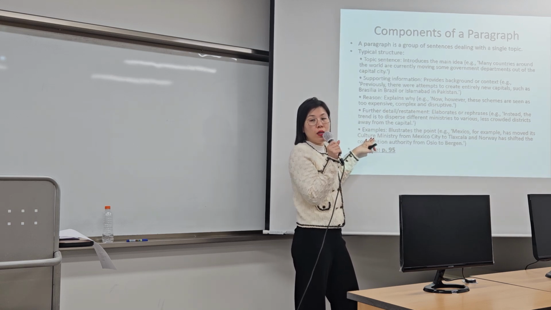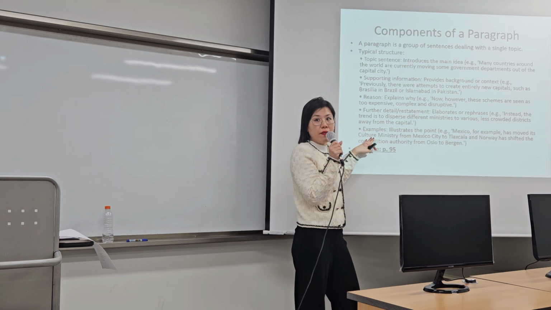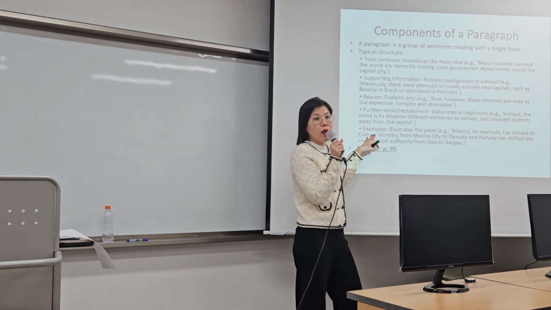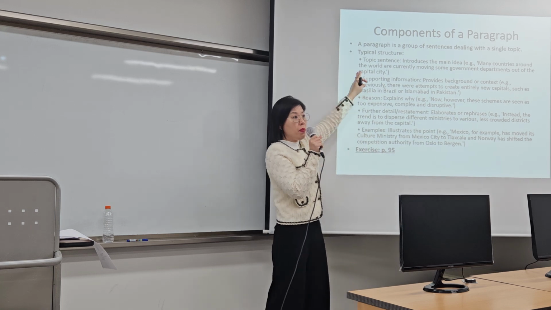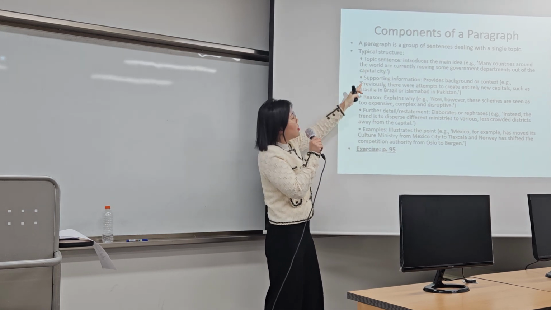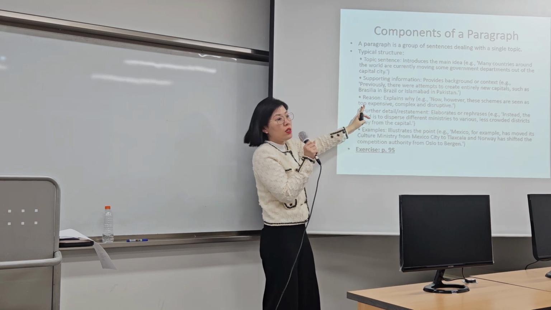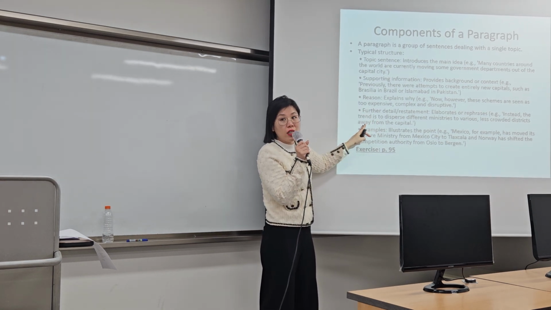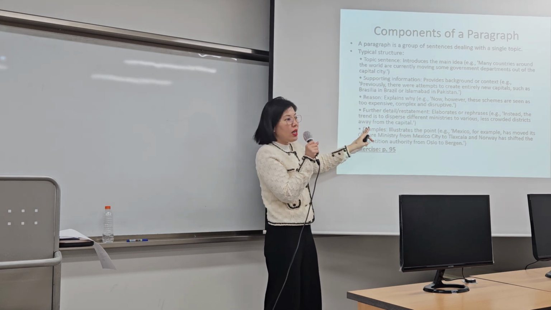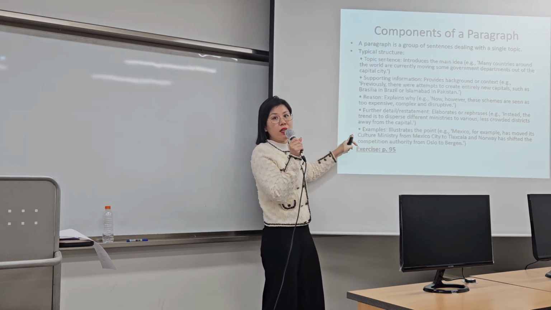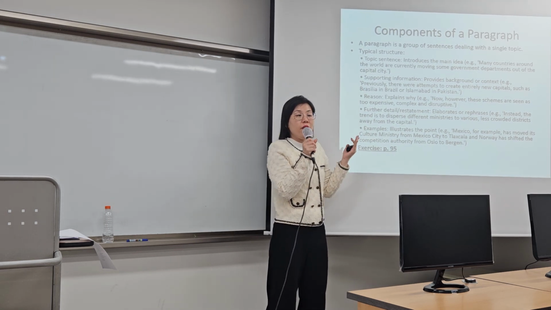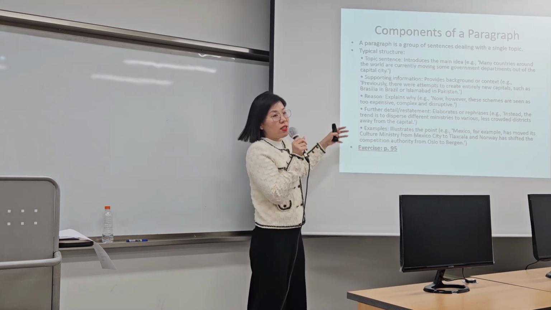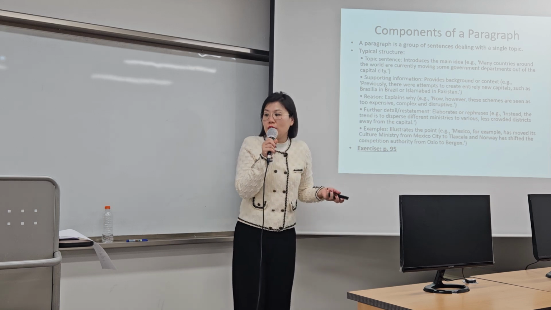You put examples, and usually the paragraph devotes much of its part to discussing the examples. So remember the components: topic sentence, context or background, reasons, then you can explain in more detail about the reasons that you think so, and then the examples. If you actually remember these components, then it's very easy to write a paragraph. So it's actually easier to do than to say.